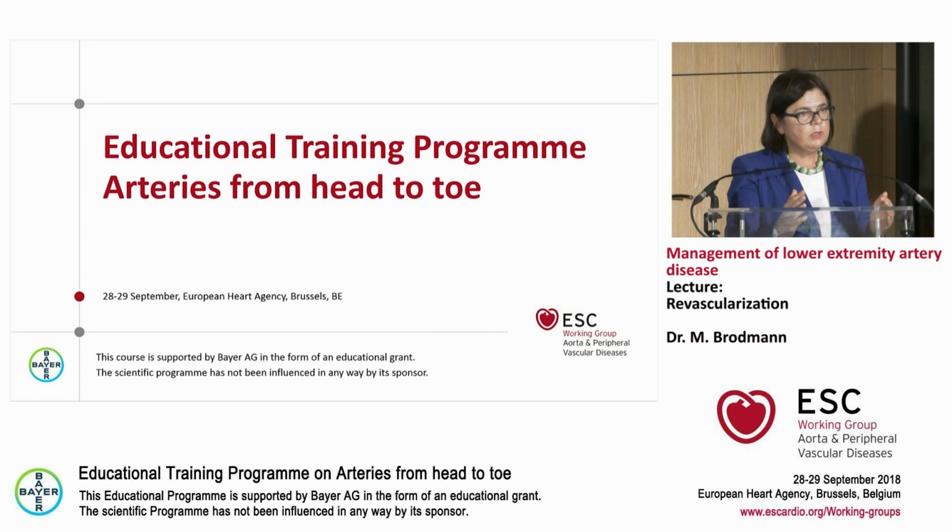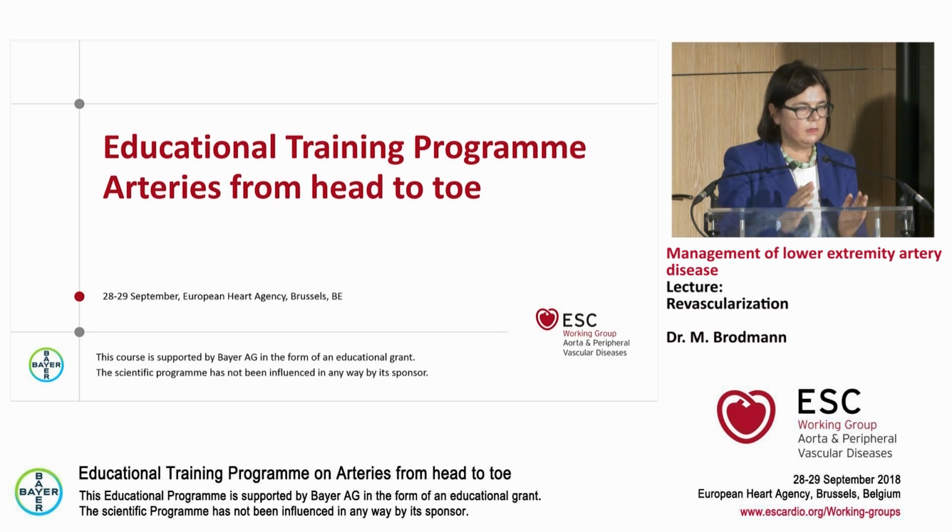And if you do it really in a staged procedure, you also can diagnose this kind of patients and get an insight if the walking distance is a problem for this kind of patient, or if not. But Rutherford, I mean, I would go to Rutherford because it's more precise in my opinion, and I'm not so much in favor of the Fontaine classification, to be honest.